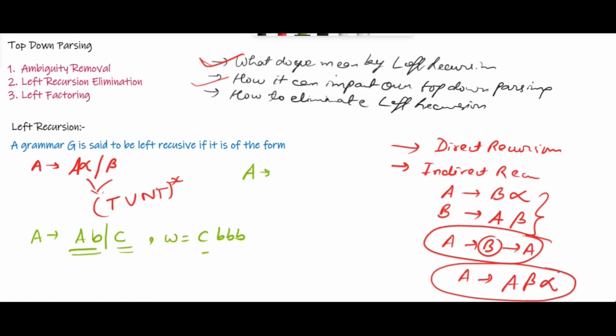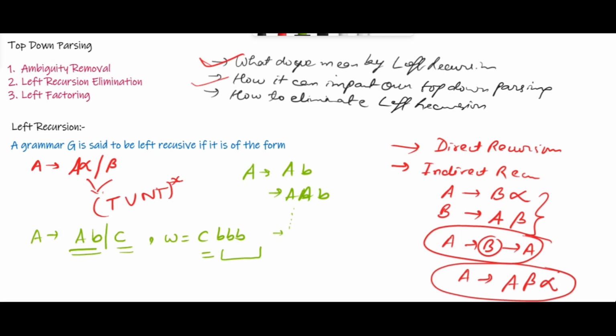Then it will consume this input first, and after that it will have three remaining elements B, B, and B. Since in parsing we can have one symbol lookahead in general, this is going to create a problem. Another issue is that if you apply this A tends to AB, the choice is again whether you are going to expand this with C or you are again going to expand this next A with AB, like this.